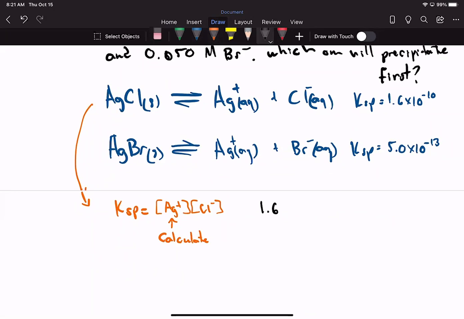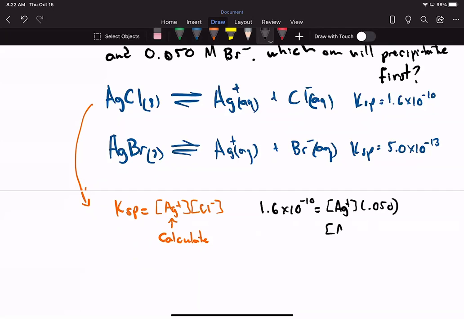So we've got 1.6 times 10 to the minus 10 is equal to the molar solubility of silver times 0.050, right?